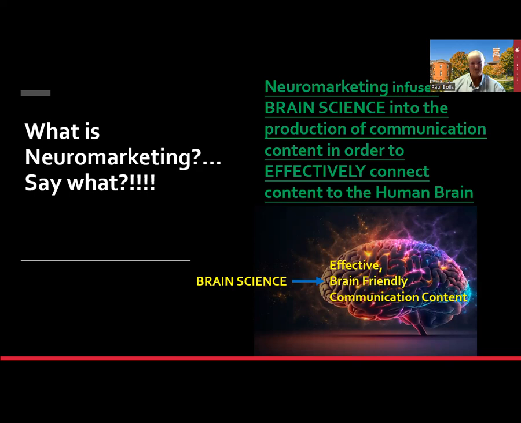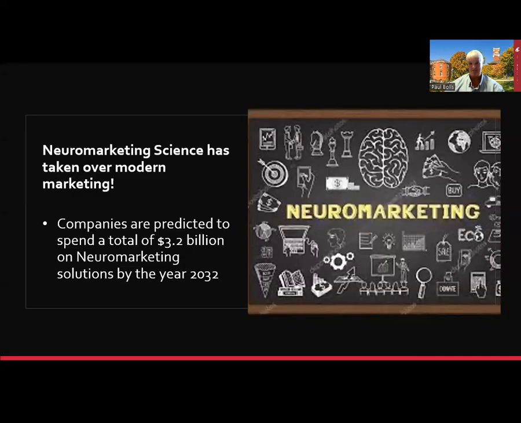Here's the way I love putting neuromarketing to groups that I talk with about this science. Neuromarketing infuses, I love that word infuses, brain science into the production of communication content in order to effectively connect content to the human brain. Your basic understanding requires you to understand that that's the added value of neuromarketing. It effectively connects content to the human brain.